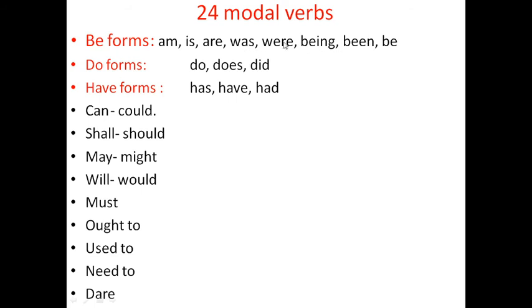Were and was are used in past tense; am, is, are are in present tense. Do forms: do, does, did. Do and does are used in present, did is used in past tense. Have forms: has, have, had. Had is used in past tense; has and have are used in present tense.